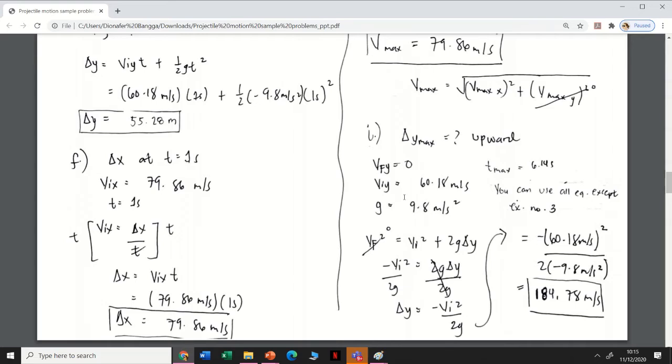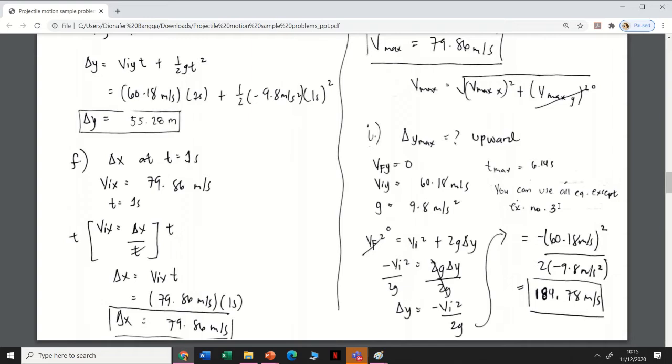So given all those four things, and the only missing quantity is the delta y max, we can actually use all of the equations except for equation number 1. Sorry, that should be equation number 1, because on equation number 1, delta y is not present.